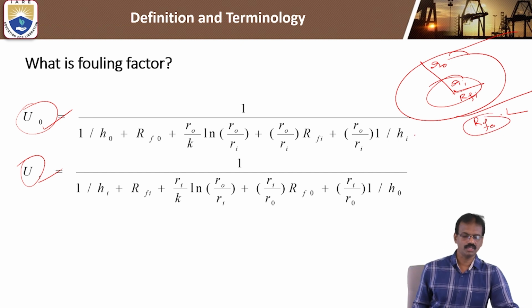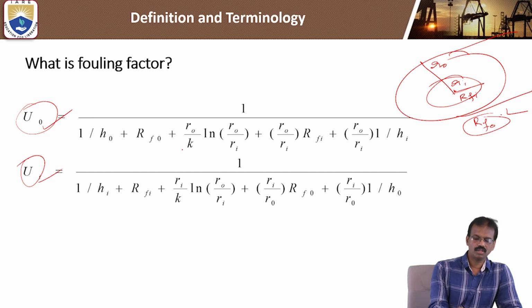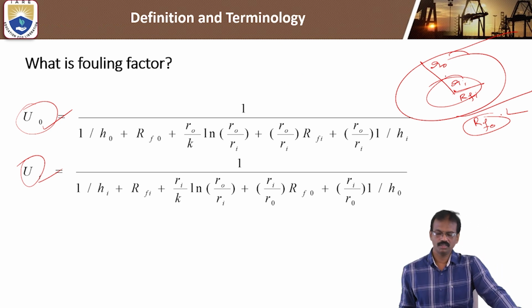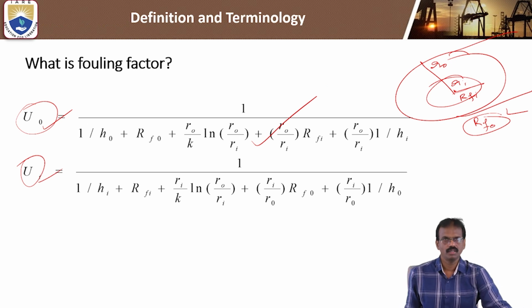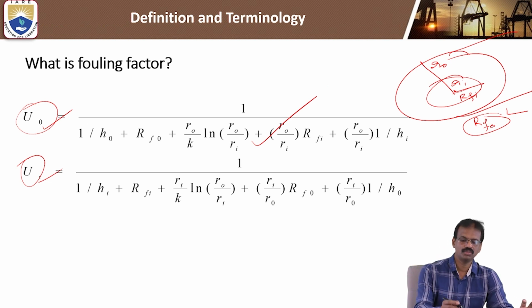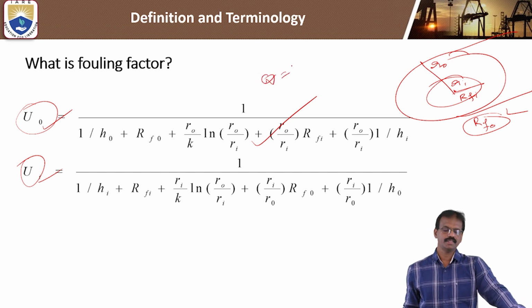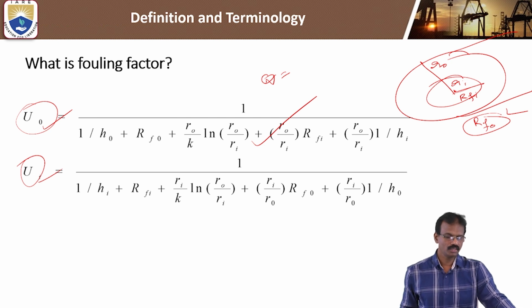You have to add this one: 1/h_o plus R_fo, plus R_o/k times ln(R_o/R_i), where R_i and R_o are the inner and outer radius. In this way you add the fouling factor to find the real heat transfer rate in the heat exchanger. So you have to consider the fouling factor for finding the rate of heat transfer based upon these fouling reactions, meaning chemical reactions.